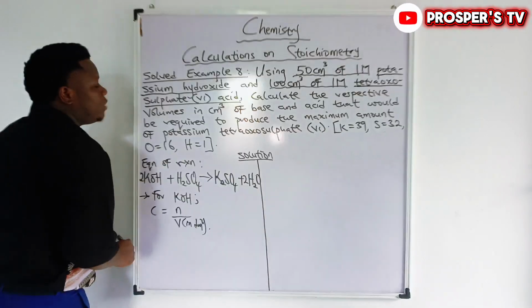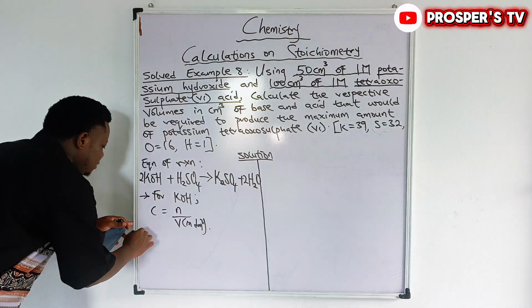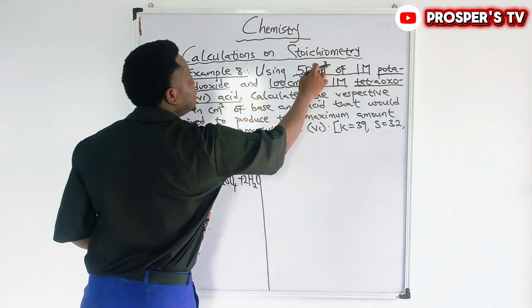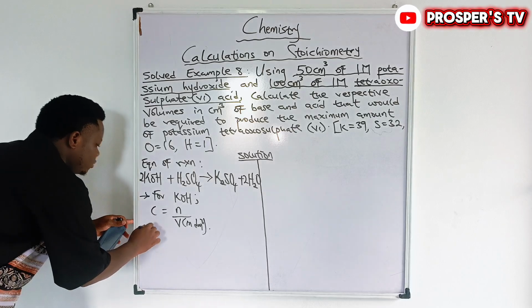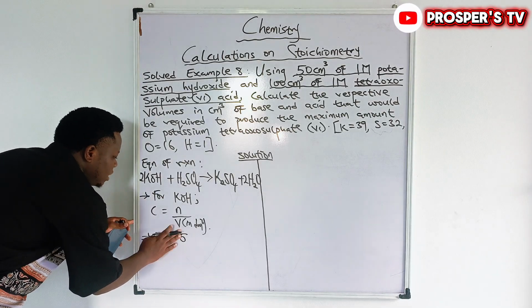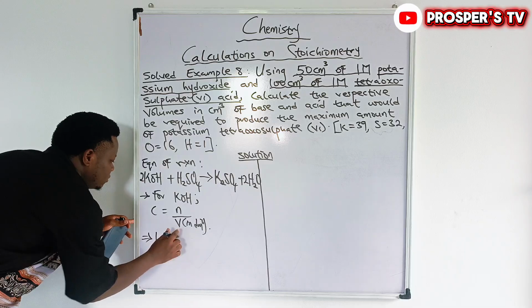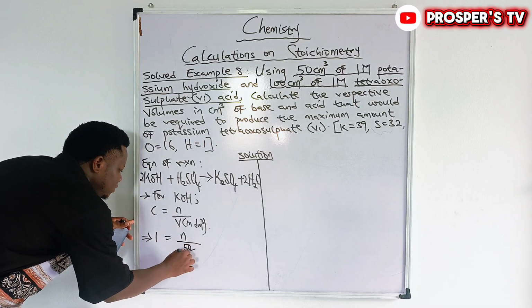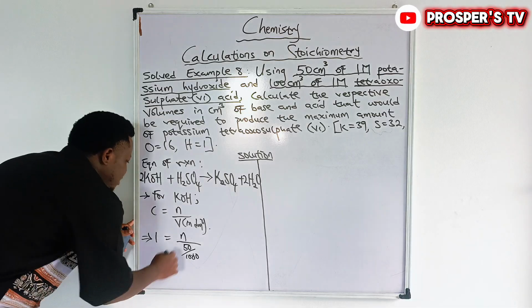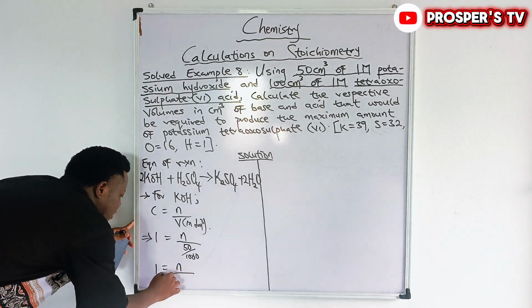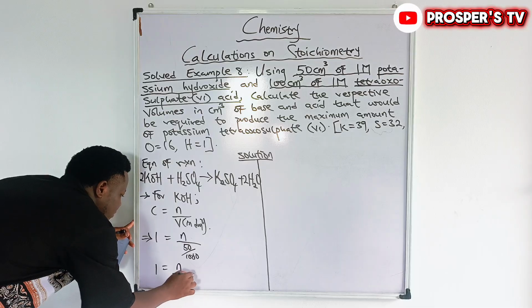Okay. So if we are to substitute, in place of concentration, we have 1. Then our volume is 50 cm cube. So we have 1 is equal to your amount, n, over 50 cm cube, you divide by 1000. So at the end of the day, you have 1 is equal to amount over 0.05.